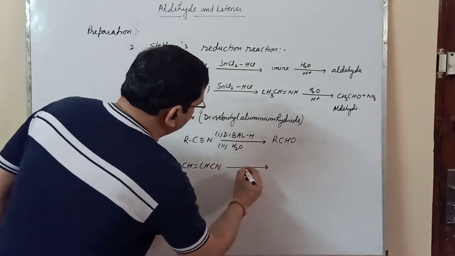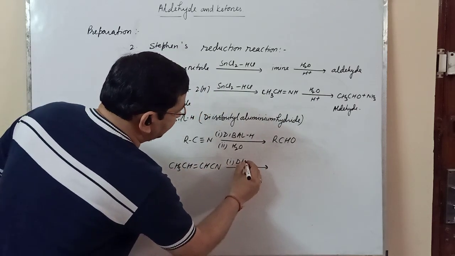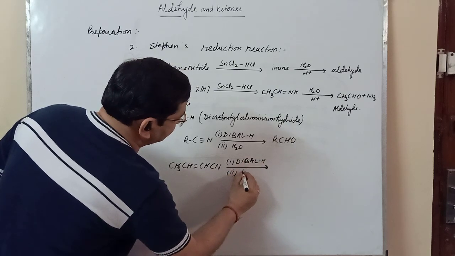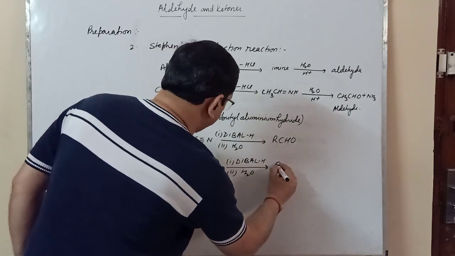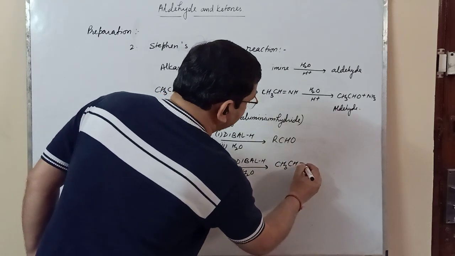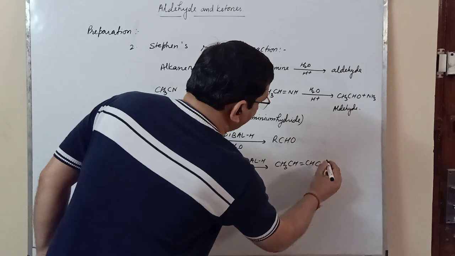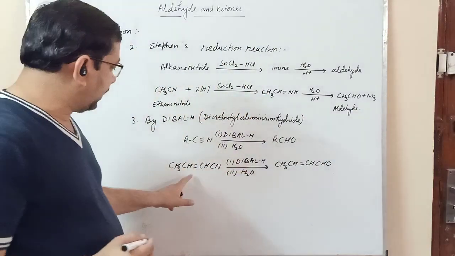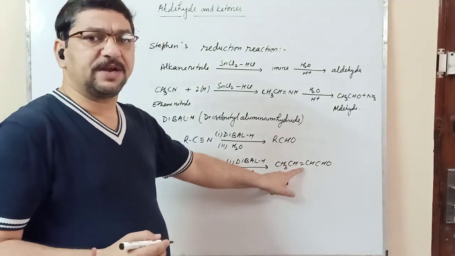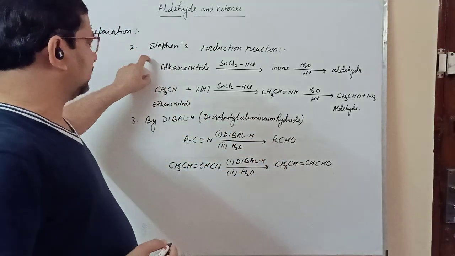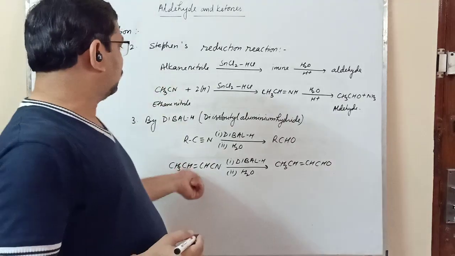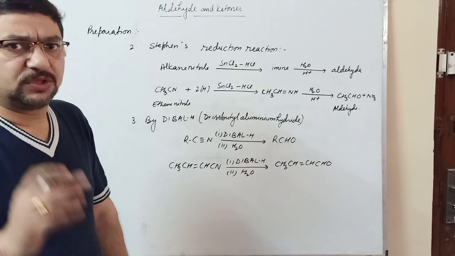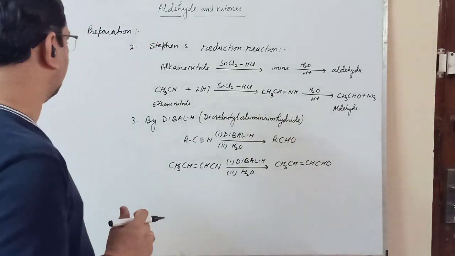When we go for its reduction with DIBAL-H followed by hydrolysis, then it gives CH3CH=CH-CHO. So this is the significance. By using DIBAL-H, the unsaturated behavior of the compound is retained. But if we use Stephen's reduction reaction, this unsaturated compound will convert into saturated compound. So this is the very important significance of DIBAL-H.